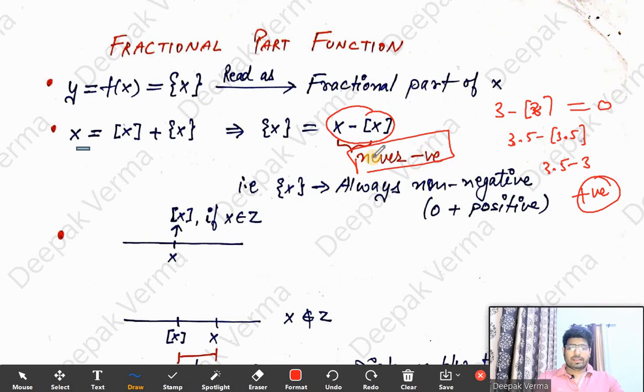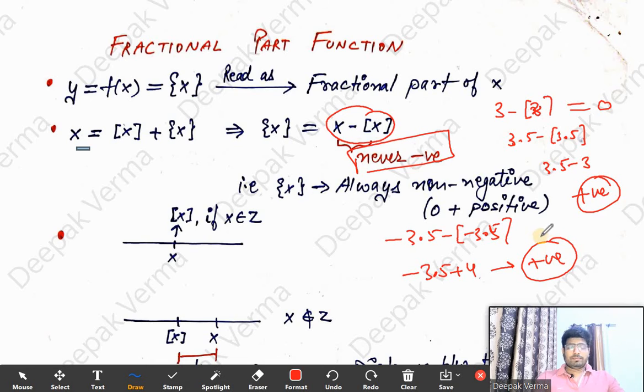Now if we take x as negative, like -3.5 minus [-3.5]. The value of [-3.5] will be what? -4, of course. So minus minus gives plus: -3.5 plus 4, we get 0.5, a positive outcome.